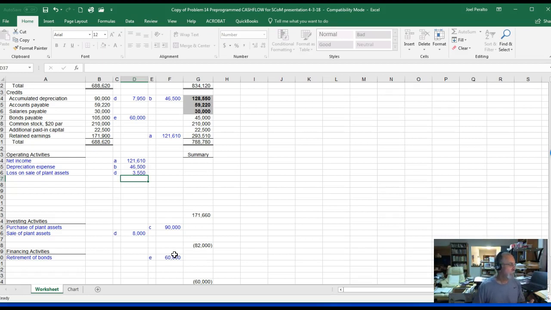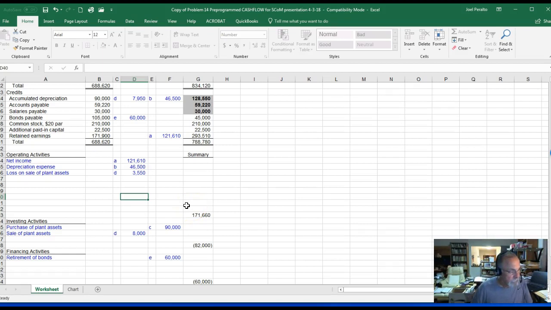So the net book value of those assets sold was 11,550, and the proceeds of the sale was 8,000, and so we ended up with a loss of 3,550. And again, that's like depreciation. That's treated as a non-cash expense, and so added back to net income under operating activities for statement of cash flow purposes. Okay.